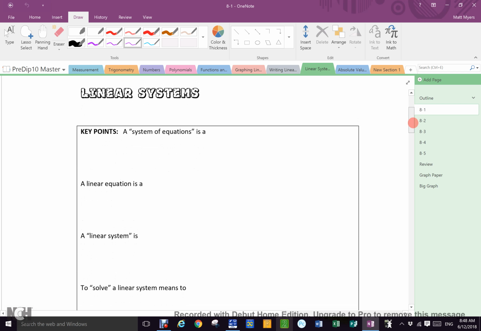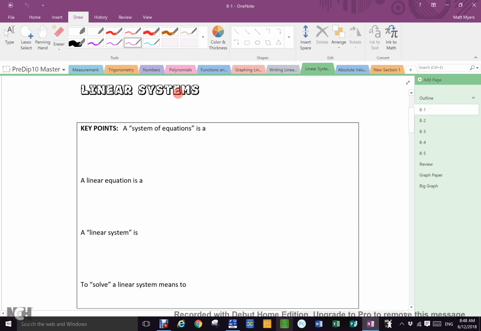I don't know what page number it is in your book, but it has the words linear systems written with JF Rock Outcrop. I chose that font. You think I just choose fonts willy-nilly? I research.